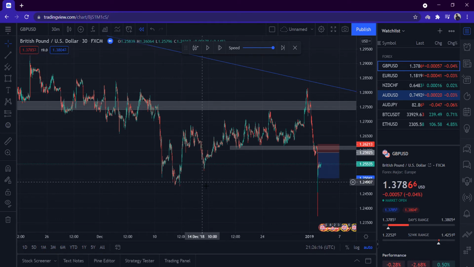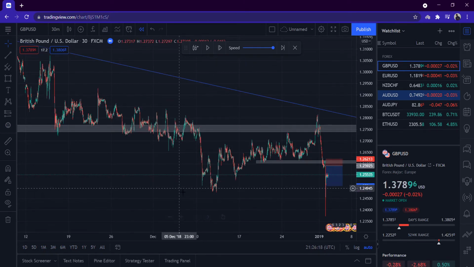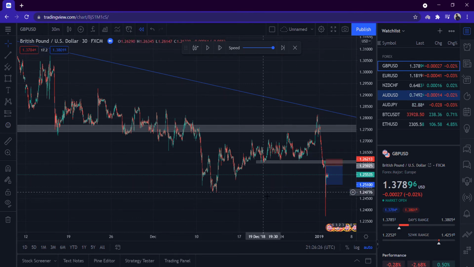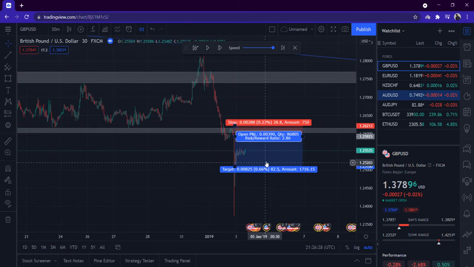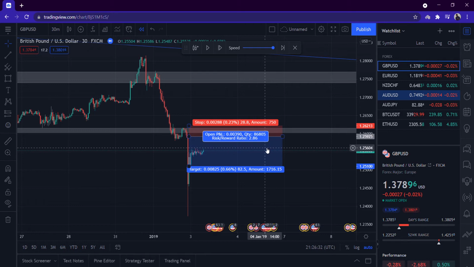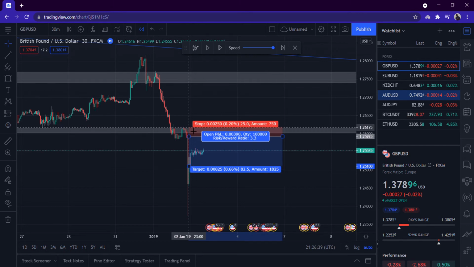What I would have considered is taking profit at the previous low, the previous psychological level, which is this, which automatically landed there. And my risk would have been 2.86.